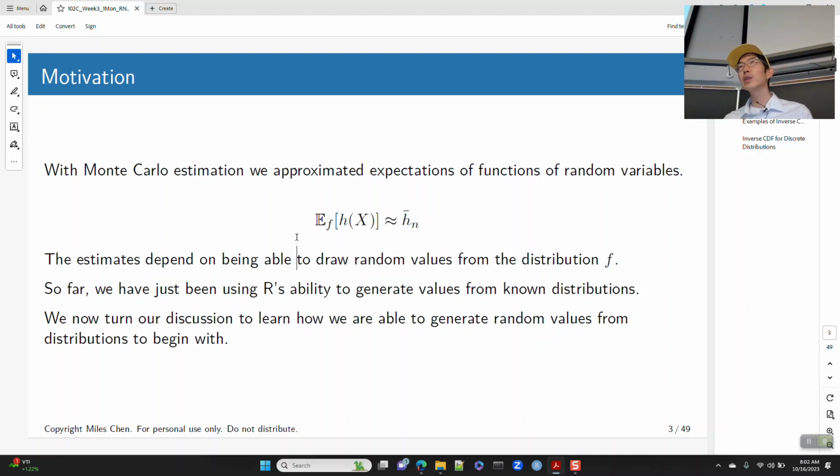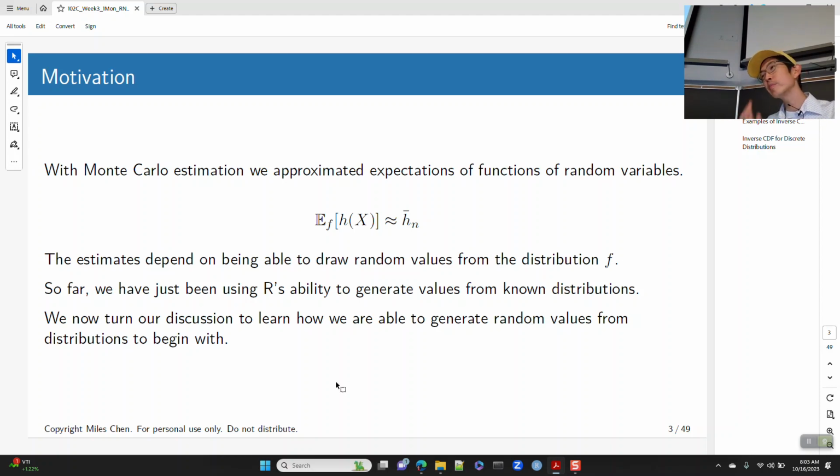These are probability distributions that you learned about in 100B, and they've been implemented in the computer. So we've been able to generate values from known distributions. It's really easy: you just say rexp, 1 million, or rbeta, I want 1 million values. So that's been easy.